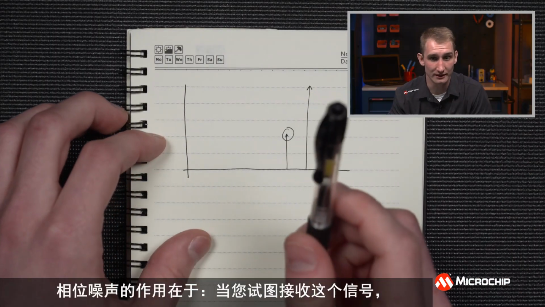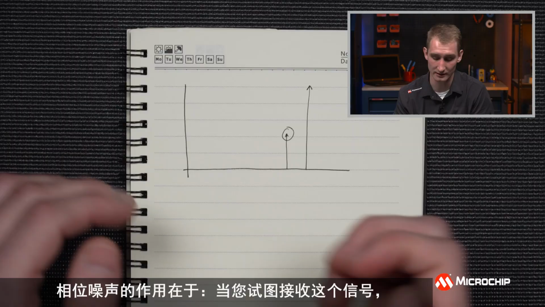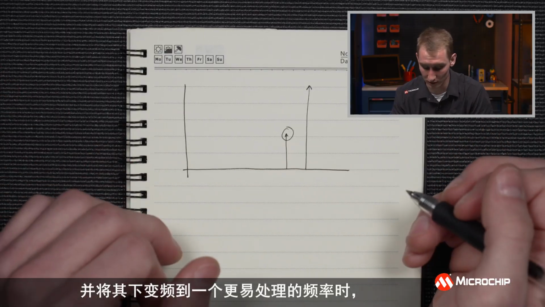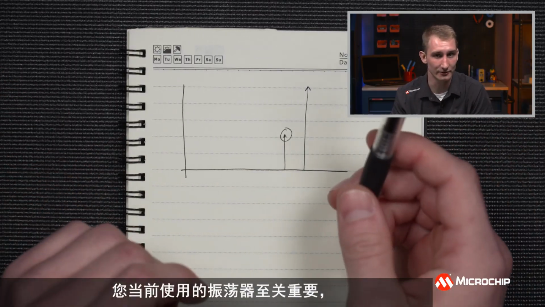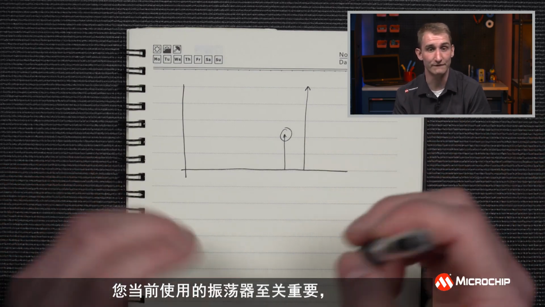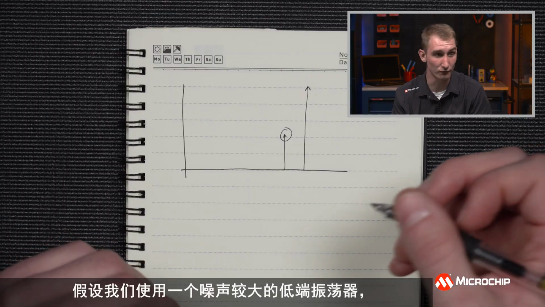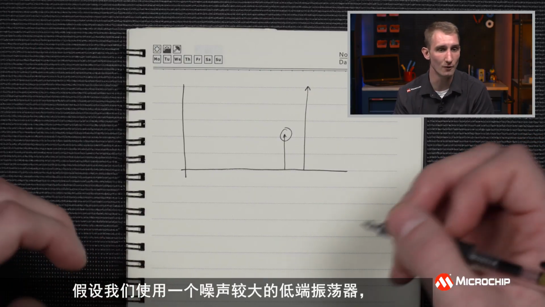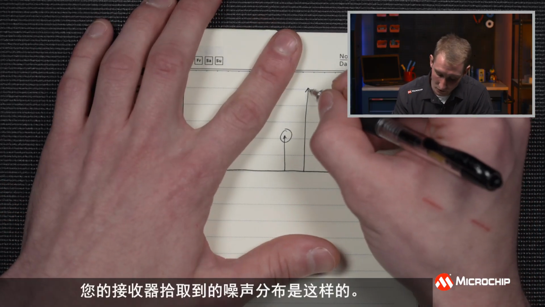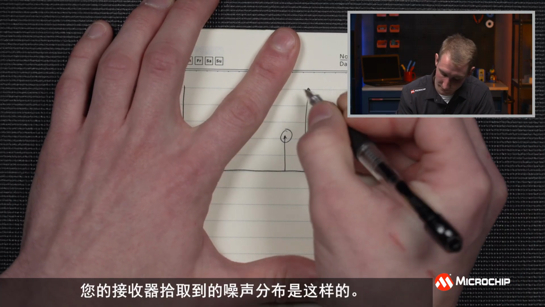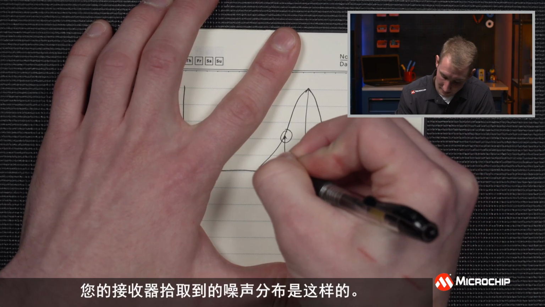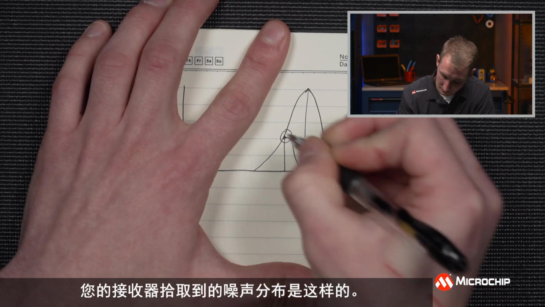Now, where phase noise comes in is when you're trying to receive this signal and you're multiplying down to a more workable frequency. That oscillator that you're using matters, and the phase noise of it is going to impact your measurement. So let's say we're working with a really noisy, low-end oscillator, and the noise that your receiver picks up goes like this.